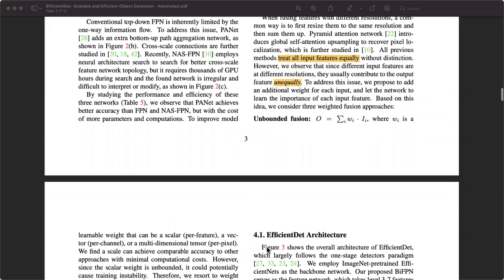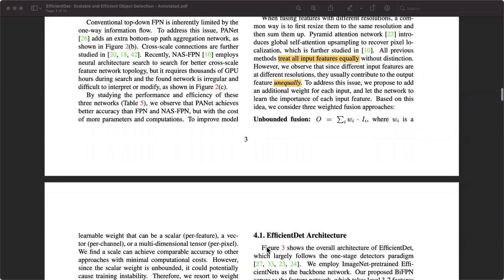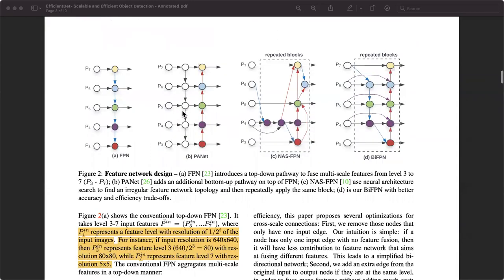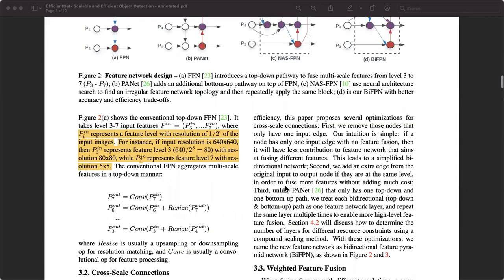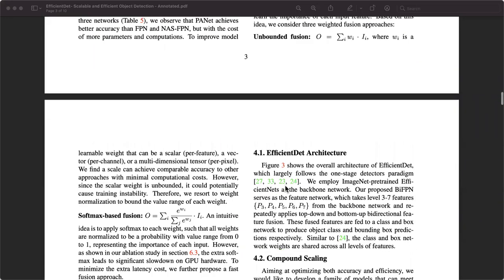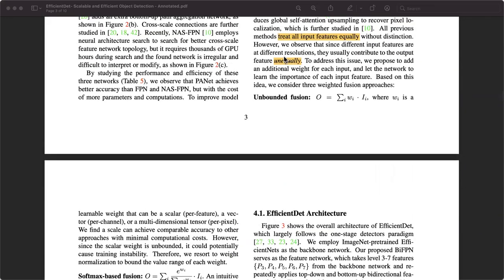Okay, there's another interesting thing here. In terms of fusion, since we are trying to learn the weights, a straightforward way would be to have a weight multiplied by each input, so each input has its own weight, and we let the network learn.